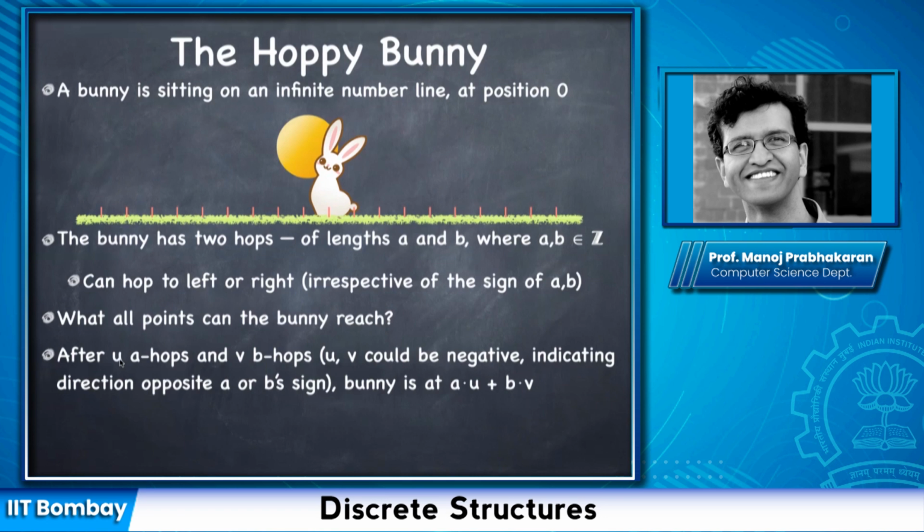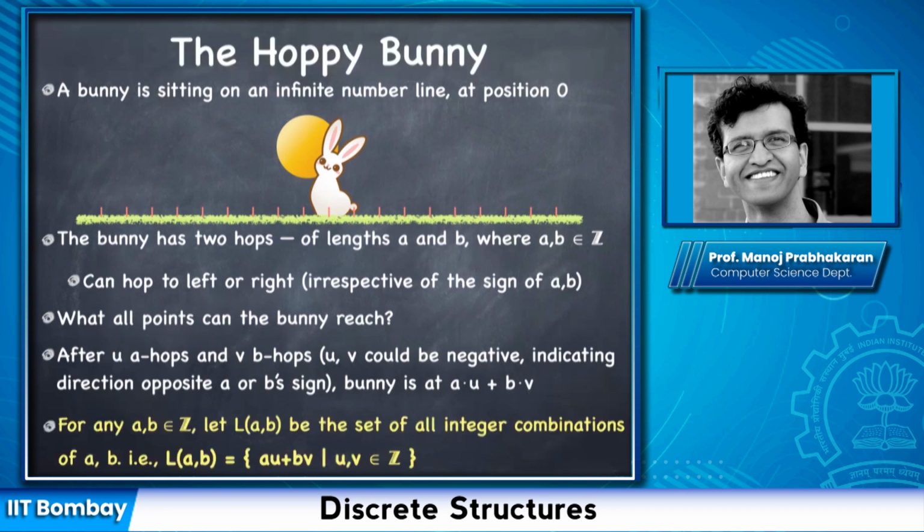So the order of the jumps doesn't matter to compute the final position it reached. All I need to know is the net jumps, whether positive or negative. Let's say the net number of a jumps is U, and the net number of b jumps is V. Then the bunny will be at the position a times U plus b times V.